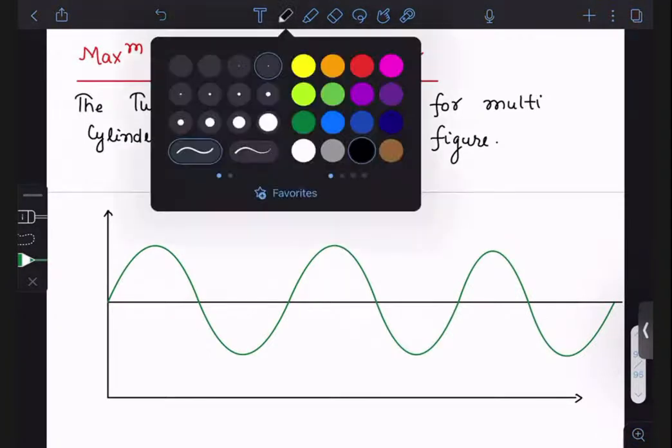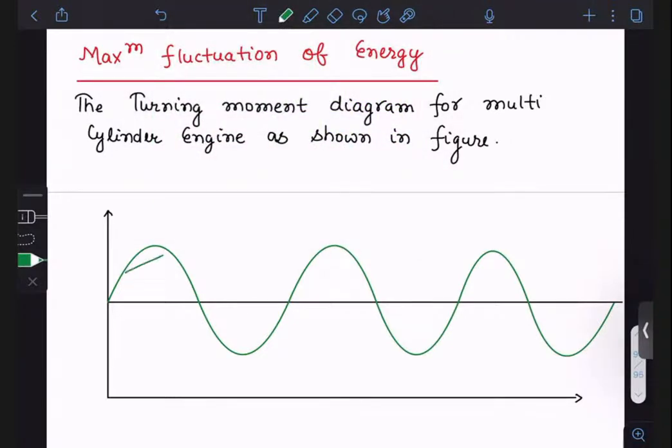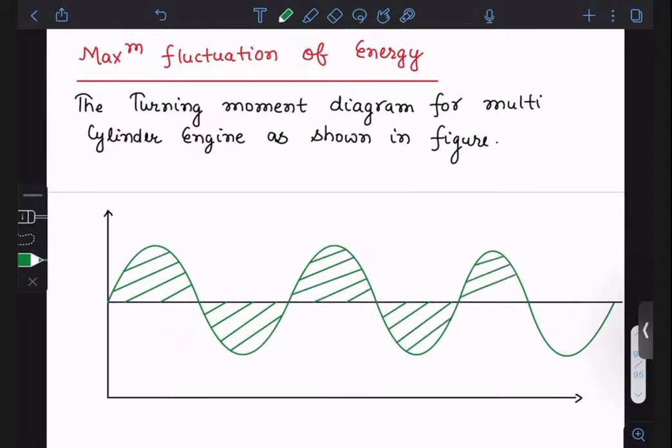Suppose this point is your A, this point is your B, this point is your C, this point is your D, this point is your E, F, this point is your G, right?